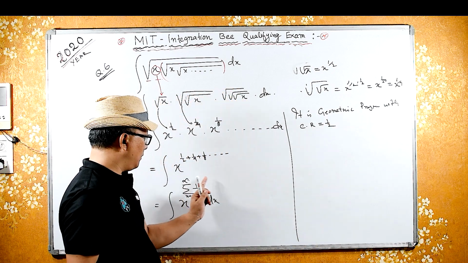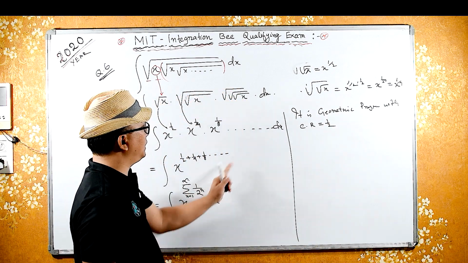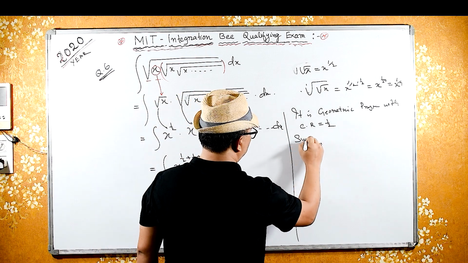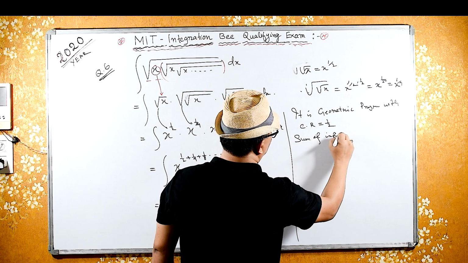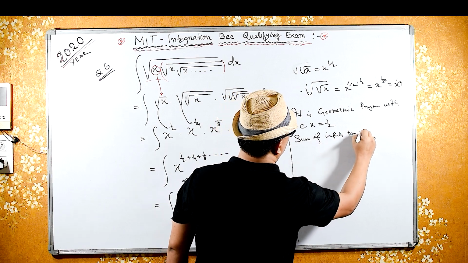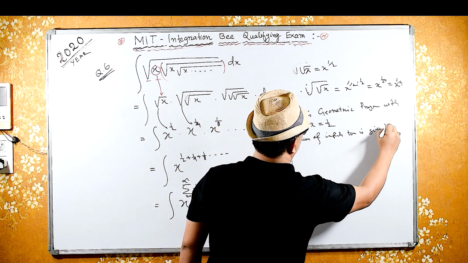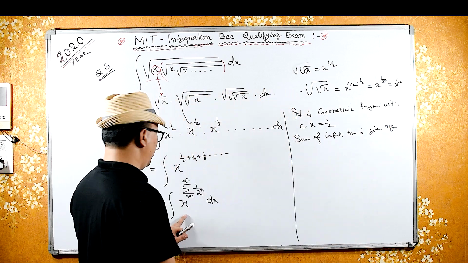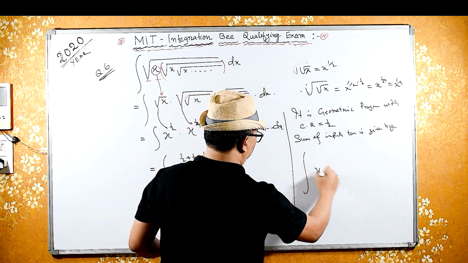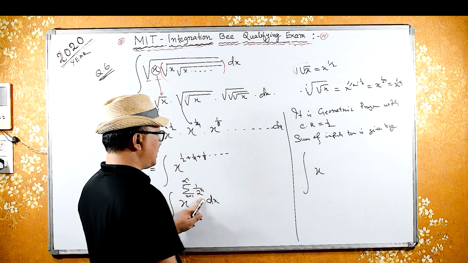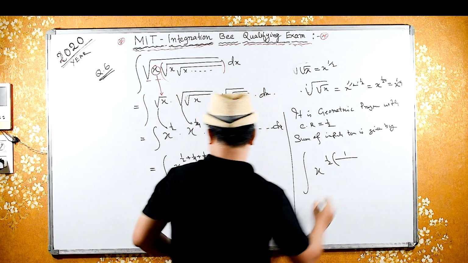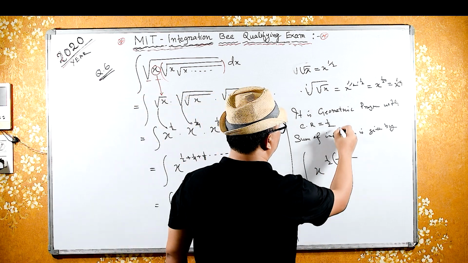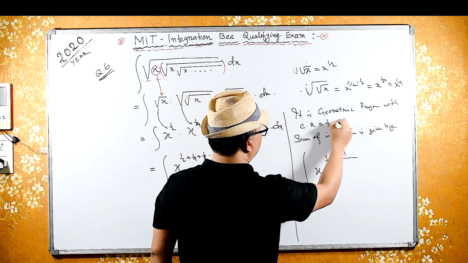Therefore the sum to infinity terms is given by integral x, where the first term is half, and the common ratio is half, which is less than 1.